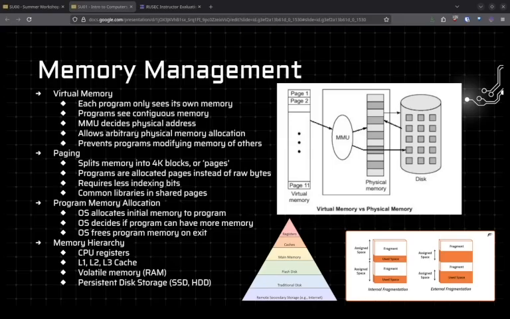So having virtual memory allocated to each program makes it simpler for everyone. The operating system can efficiently manage the memory, and each program doesn't have to worry about other programs. They just see their contiguous block of memory. They don't have to worry about fragmentation, and so on and so forth.